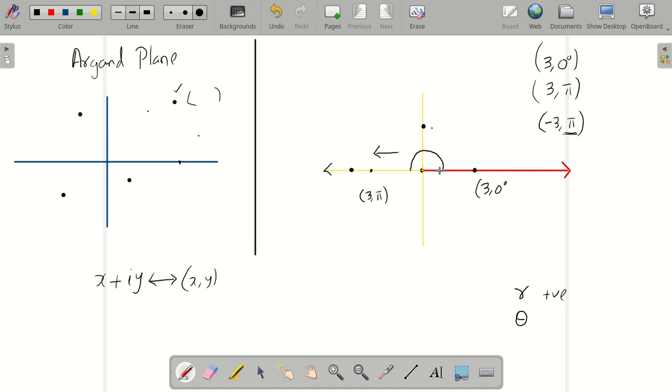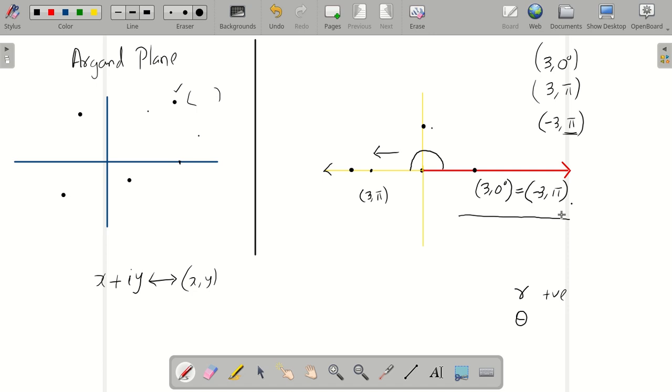And that will be minus 1, minus 2, minus 3. Okay, so this is the same as (-3, pi). So my point is, in the polar coordinate system, the points do not have a unique representation. So I hope it explains everything.